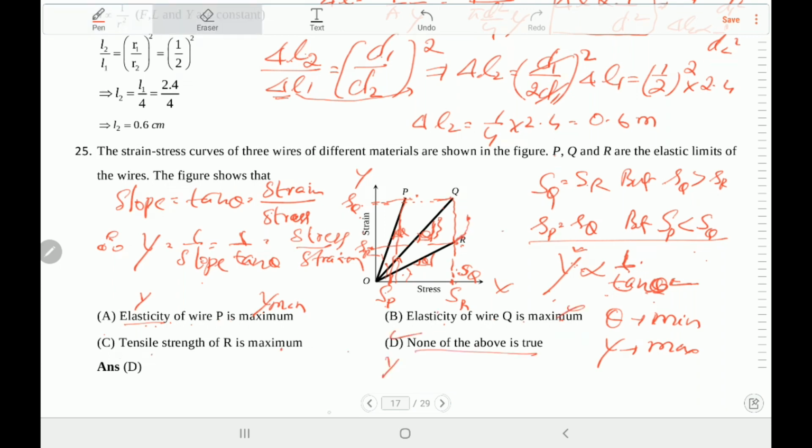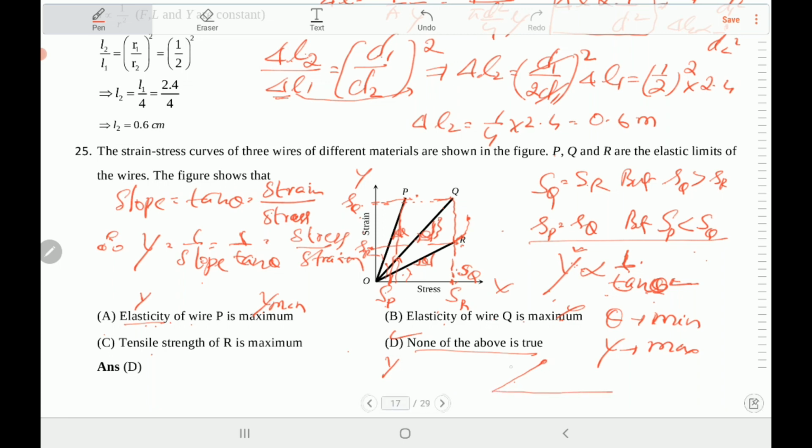Look at the third option; they say the tensile strength of R is maximum. What is tensile strength? You have learnt it in your stress strain graph. In the stress versus strain graph, it increases and becomes maximum, that is called the elastic limit, up to that limit. If you increase stress, the body regains its original configuration; that is the elastic limit, beyond which it does not regain original shape, size, configuration.